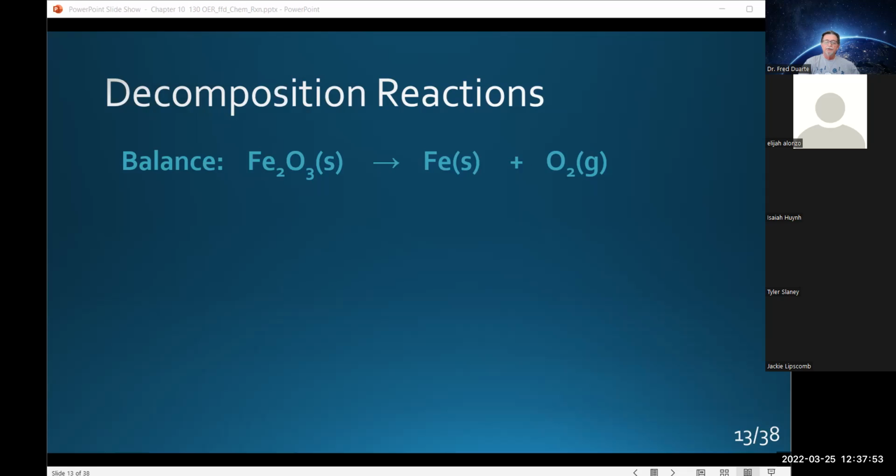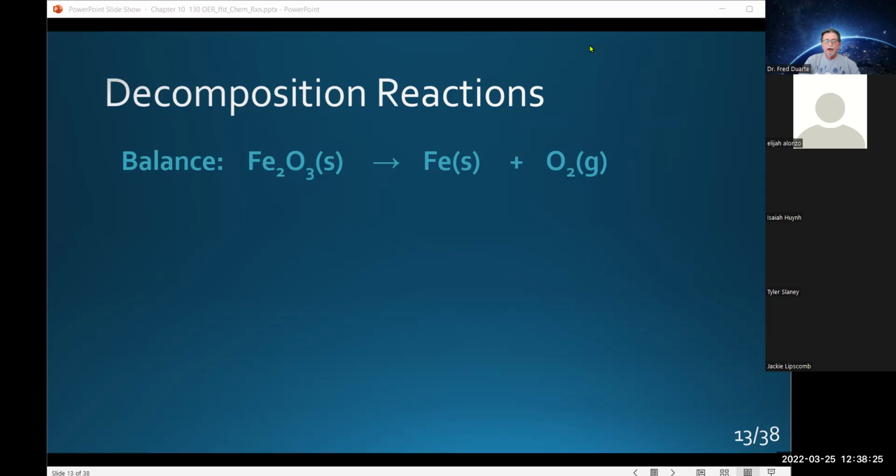Okay, now here's an example of a decomposition reaction. Iron 3 oxide, aka rust. Iron 3 oxide will break down to generate iron and oxygen. Okay. Another way to make oxygen out in space, we find some iron 3 oxide, we can decompose it and generate oxygen.